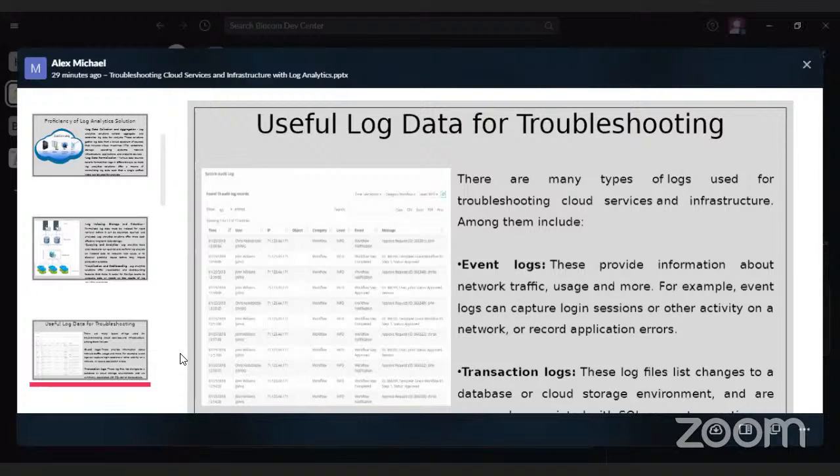Now, there's a picture over there. In that picture, you can see found 13 audit logs records. But even in event log, even in transaction log, and every other log that I mentioned, message log and all that, they come in this pictorial form, that you will always have a time.